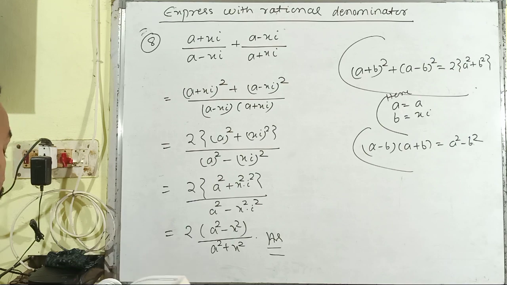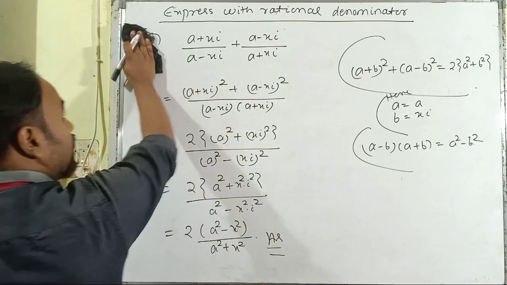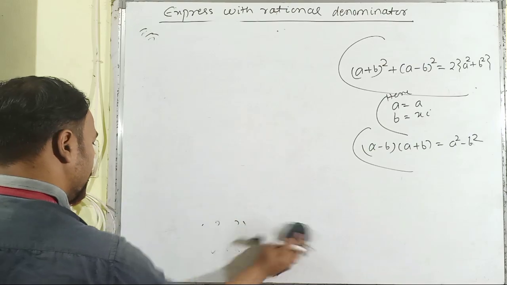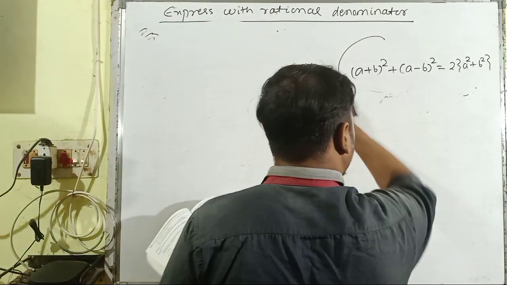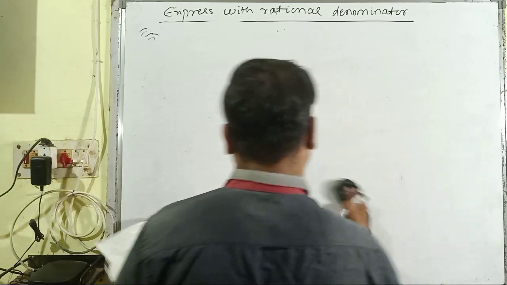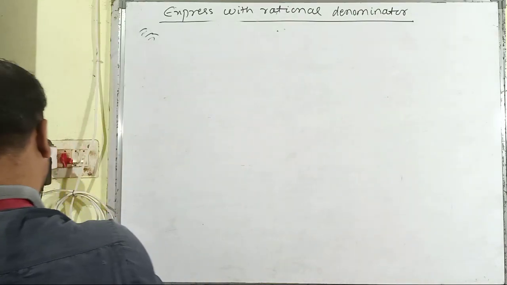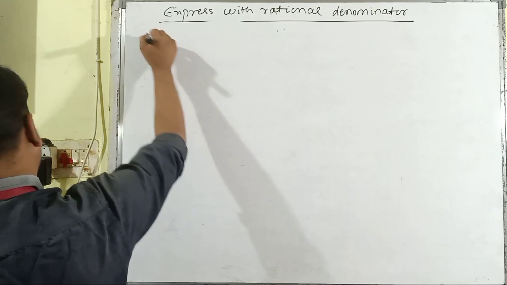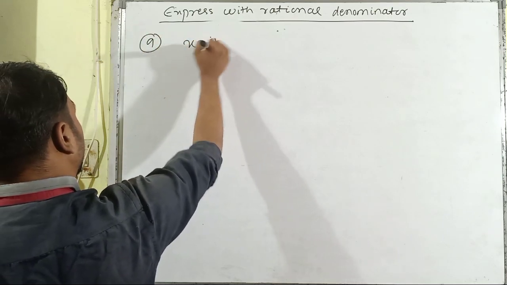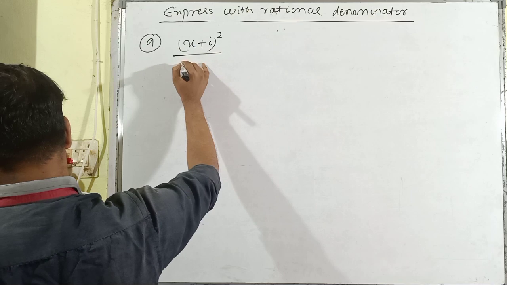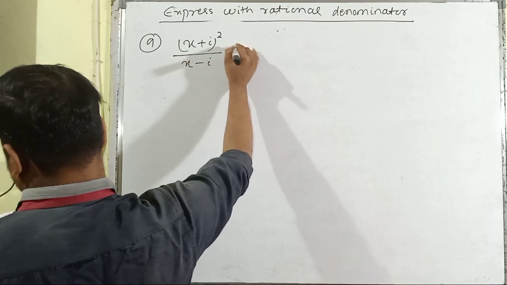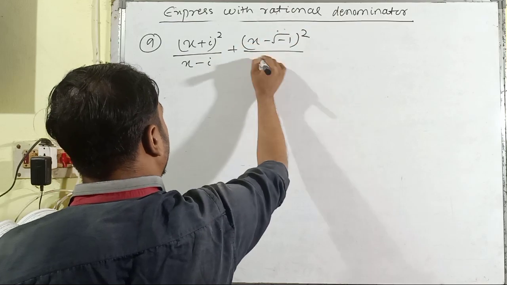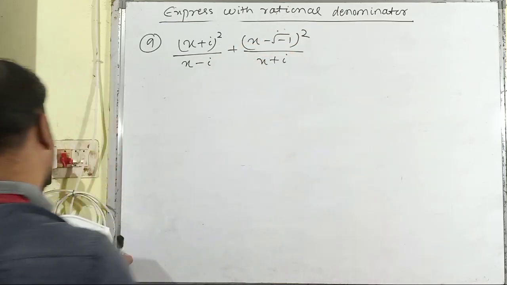Then let us move first to the number 9th problem. Here it is, number 9th: whole square of x plus i divided by x minus i, plus whole square of x minus i divided by x plus i.